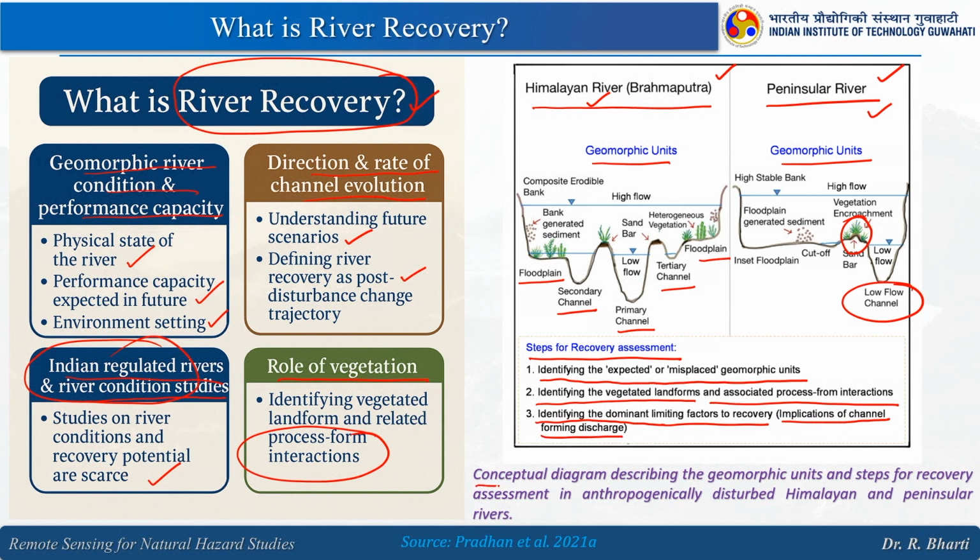So, this is a conceptual diagram describing the geomorphic unit and steps for recovery assessment in anthropogenically disturbed Himalayan and peninsular rivers. These two different types of rivers dominate in India, so that is why we have both components in our river recovery assessment.